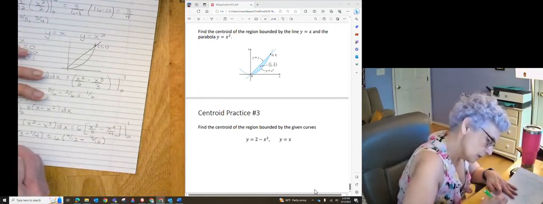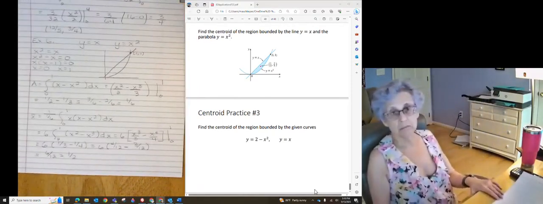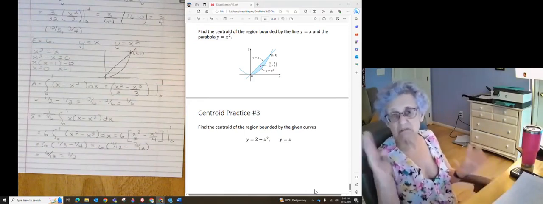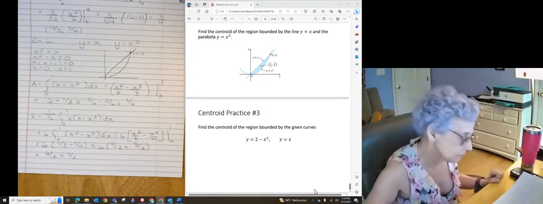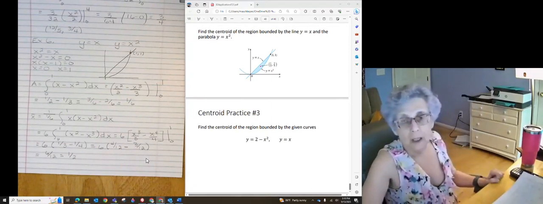So 6 times 1 over 12 gives me 1/2. Kind of makes sense. It's kind of symmetric, sort of, there from 0 to 1.